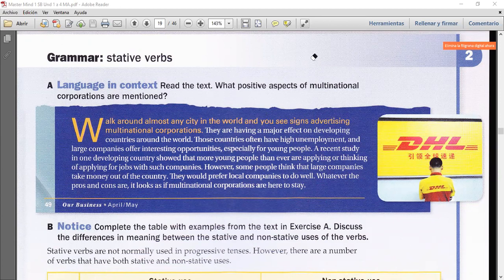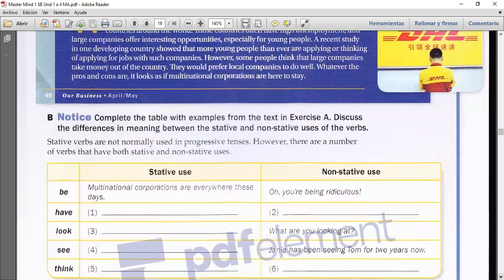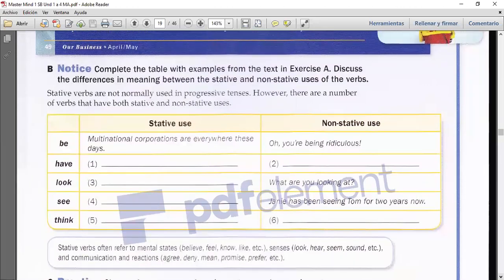Now let's see what your partner was reading. Practice B. Notice, complete the table with the examples from the text that you read many times in the exercise.